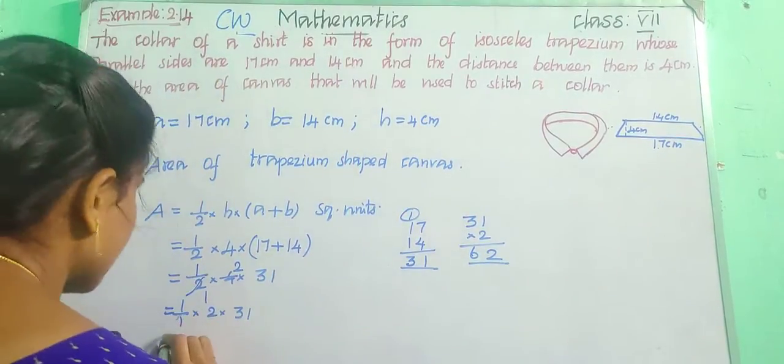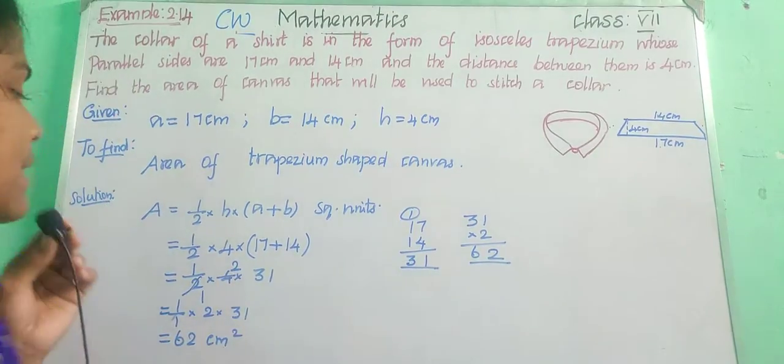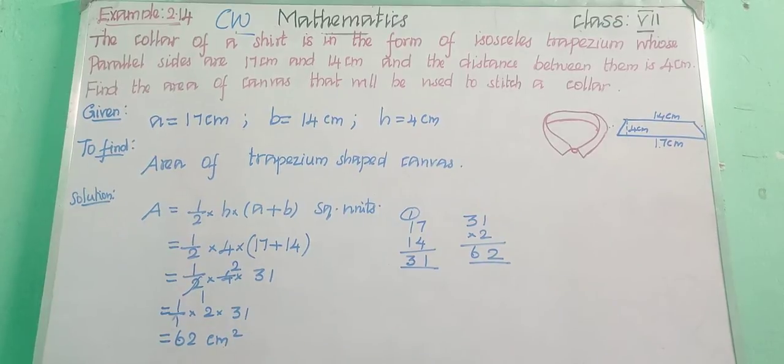So the answer is 62 centimeter square. Okay, children, so the area of canvas that will be used to stitch a collar is 62 centimeter square.